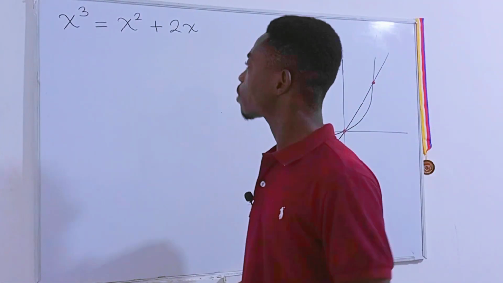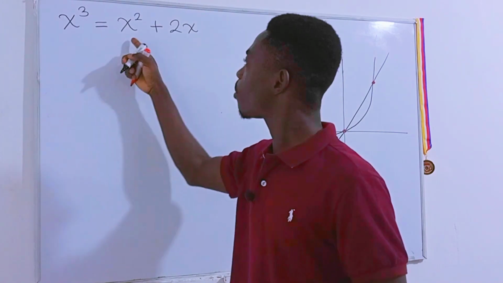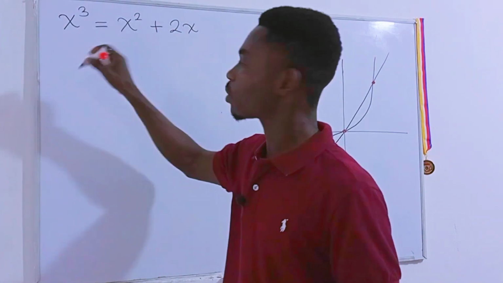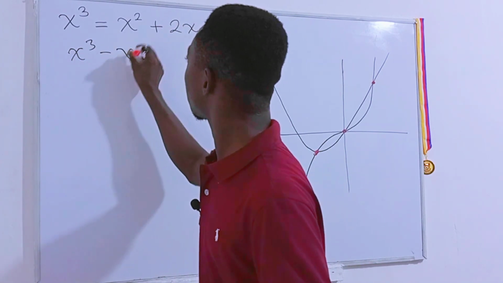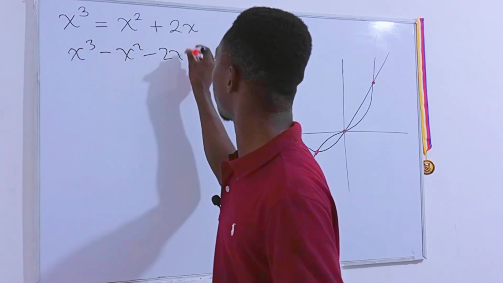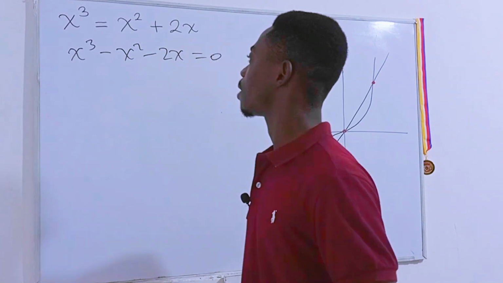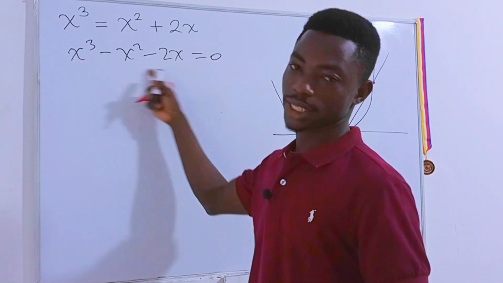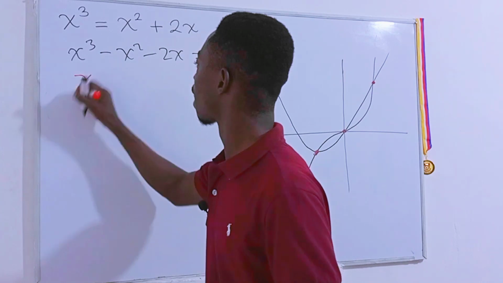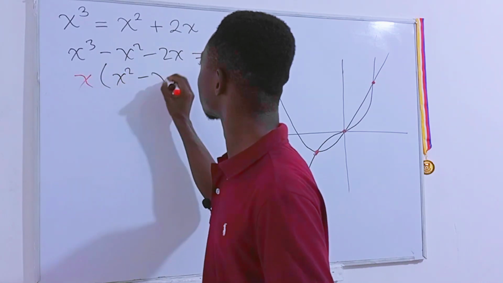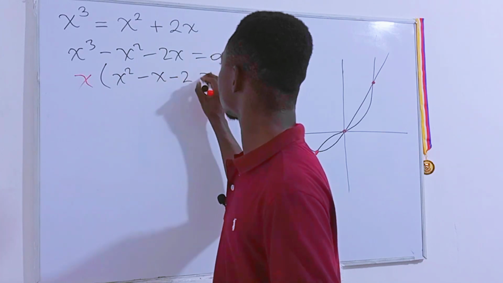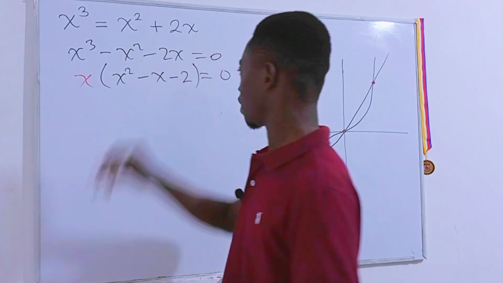Cool. First of all, let's equate everything to 0 by moving the whole of this to the left so that we have x to the third power minus x squared minus 2x is equal to 0. And now we see that x is common, so we can just take x out. Then we'll be left with x to the second power minus x minus 2 is equal to 0, just like this.